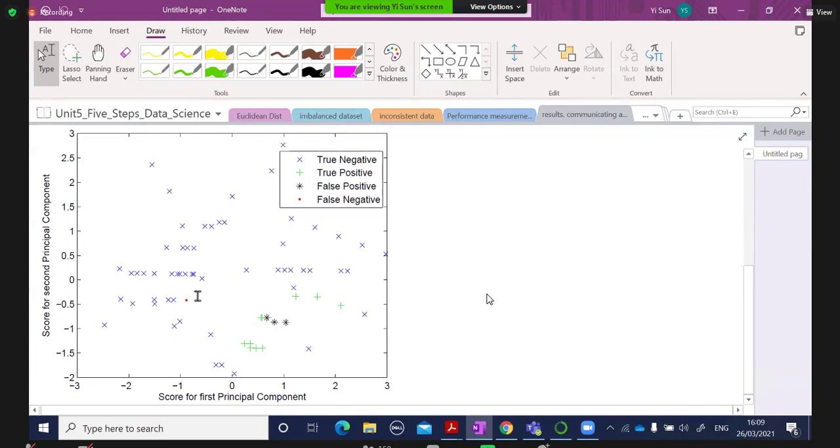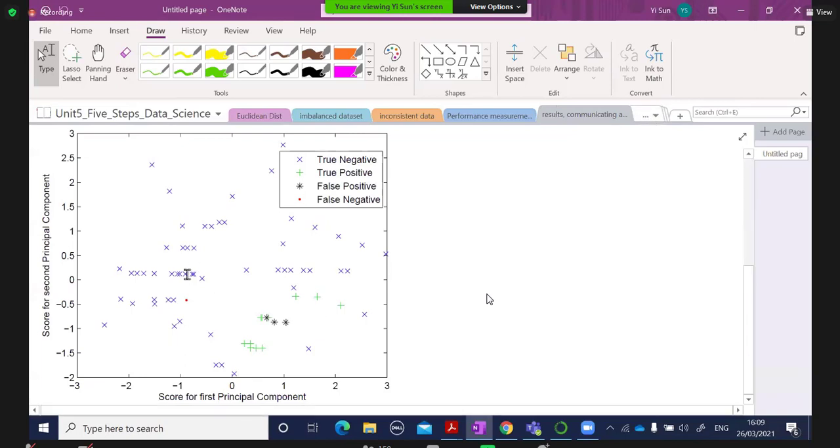Is there any structure, from molecular structure for example, that is very similar to this data point or not? Why is this one misclassified? You see, she tried to communicate and visualize the results.